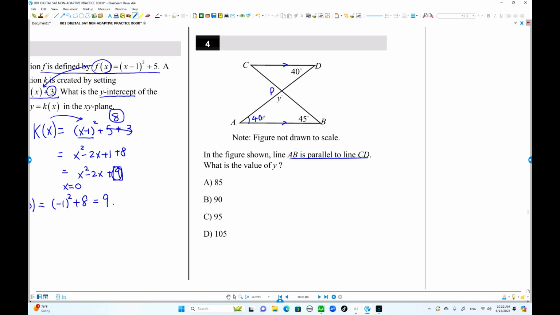So from here, how can you find the value of y? The sum of the interior angles of a triangle is 180, right? So the sum of these two angles is 85. So 180 minus 85, okay? So 95 is the answer. Choice C is the answer.